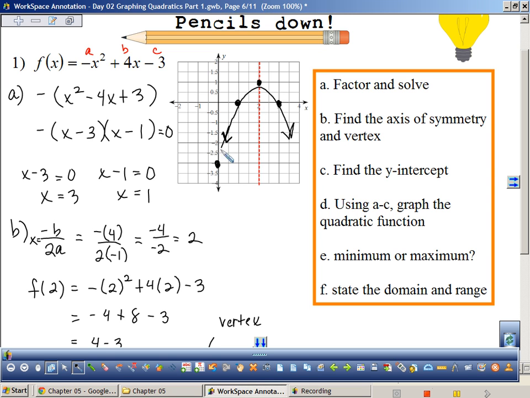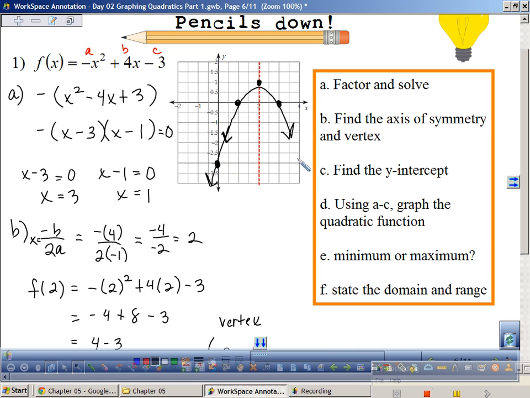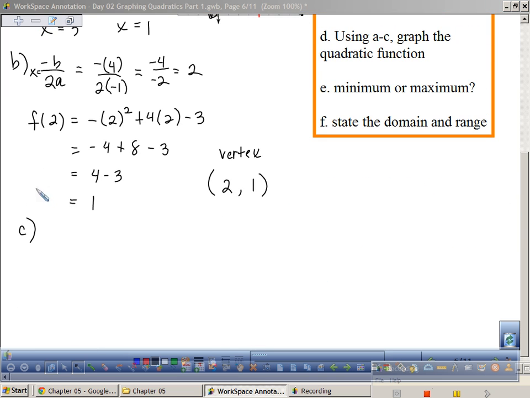Shooting down? Yeah? If that's here, and that's 2 away, don't I have symmetry here as well? All right, so we put in 0, and we got 0 plus 0 equals minus 3.